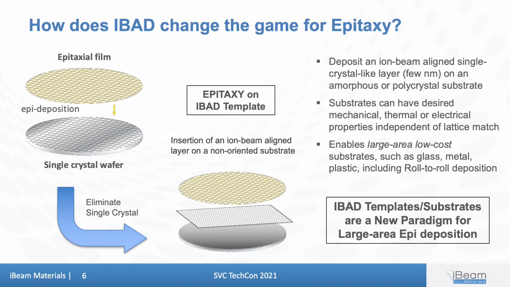So this enables one to utilize a range of different substrates that have desired mechanical and thermal properties, but are free of the requirements of lattice matching that typically come with epitaxy. But more importantly, one enables large area, low-cost substrates such as glass, metal foil, and others, and one can do extremely large deposition, including roll-to-roll. So IBAD templates really are a new paradigm for epitaxial deposition that enable large area epitaxy.